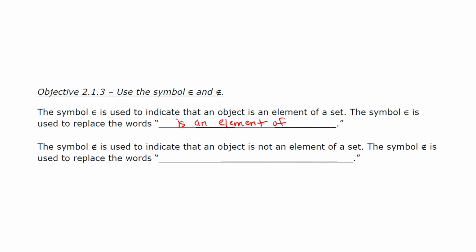The symbol "is an element of" with a slash through it is used to indicate that an object is not an element of a set. So this symbol replaces the words "is not an element of." Okay, so let's look at some examples.